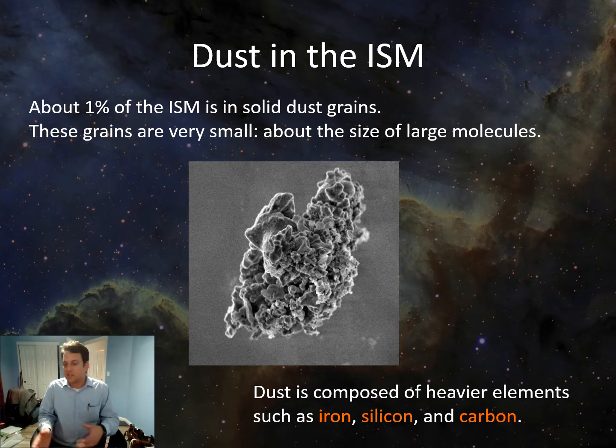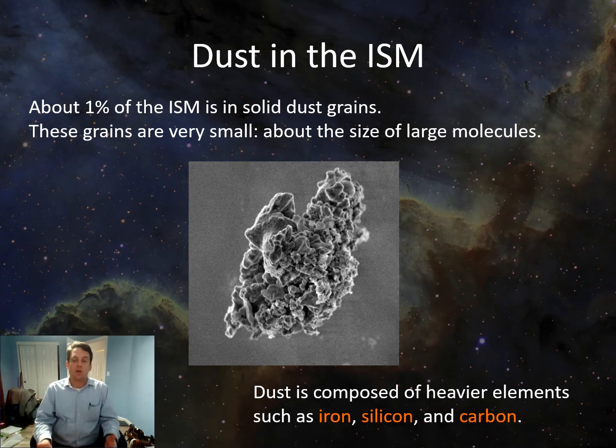If it's diatomic hydrogen, H2, then it's twice as big, but that's still really small. So relative to the hydrogen and helium gas, these dust grains are large.